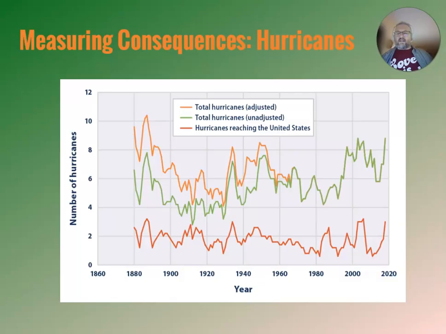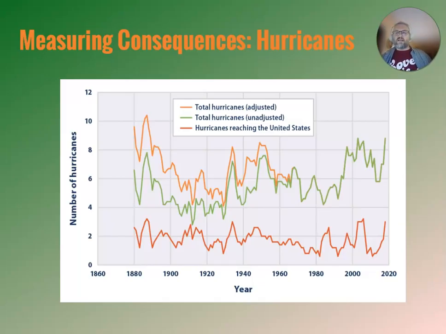Now, if we look at this graph and we look at what this graph is telling us, what we see is that there's not really a big trend in the number of hurricanes in the Atlantic over this period. So we're looking at this period because this is the period we have temperature reconstructions for. And we saw from some of our earlier graphs that we've got some pretty big increases in global temperatures over the period from 1880 to the present.